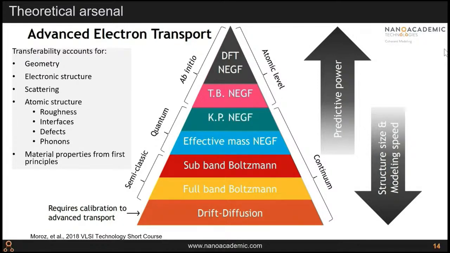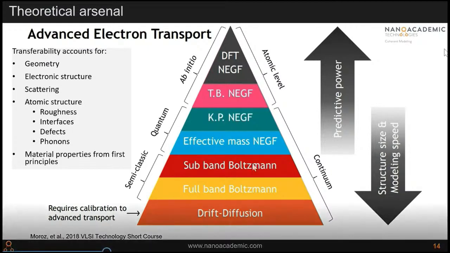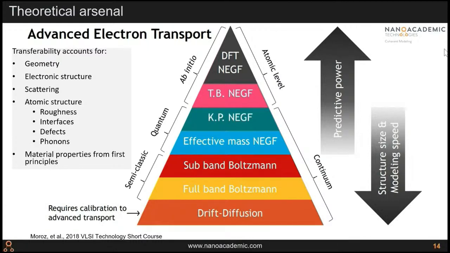And we're building an infrastructure to have a comprehensive multi-scale transport framework. Here, the base of the pyramid is large, basically showing that you can solve larger and larger devices. You could even see that as a log scale. And on the vertical axis, you could say that's predictive power or transferability, by which I mean the more you go up, the better you can account for device geometry, like all the materials, their electronic structure, interfaces.